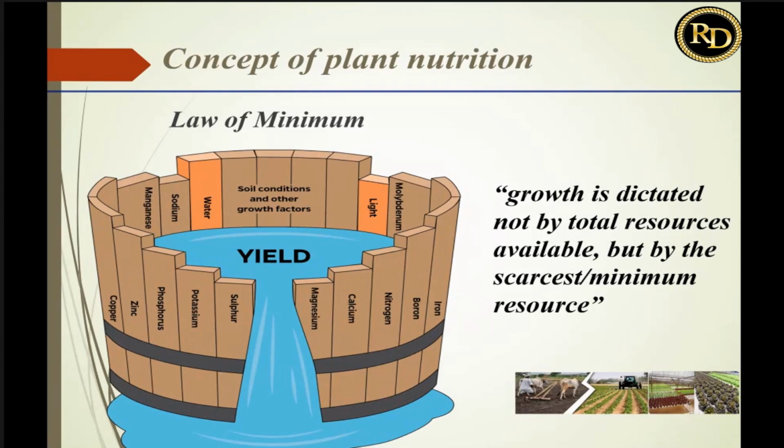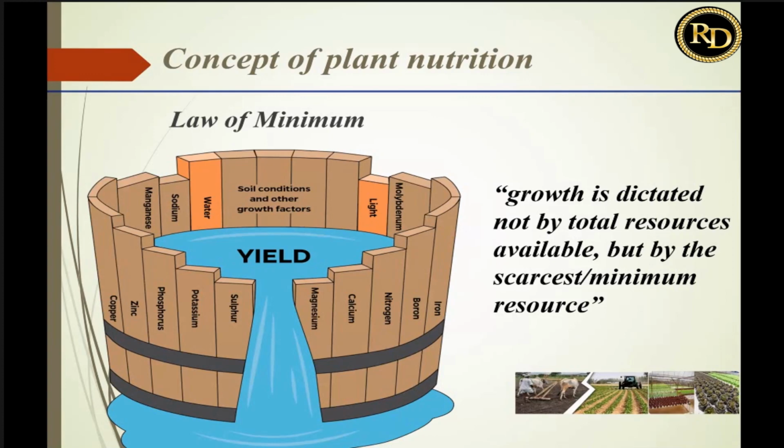And how can you achieve the highest productivity? You as a grower need to ensure that all the factors contributing to the production of a crop are at the optimal level.